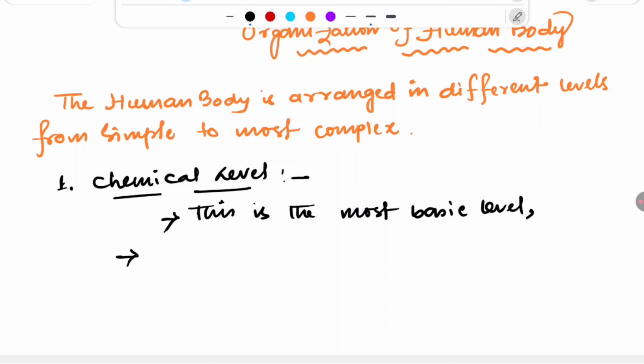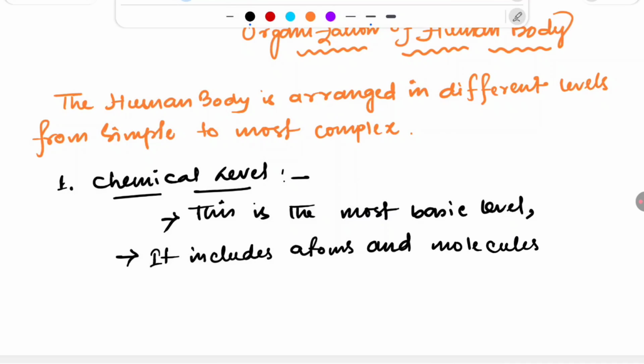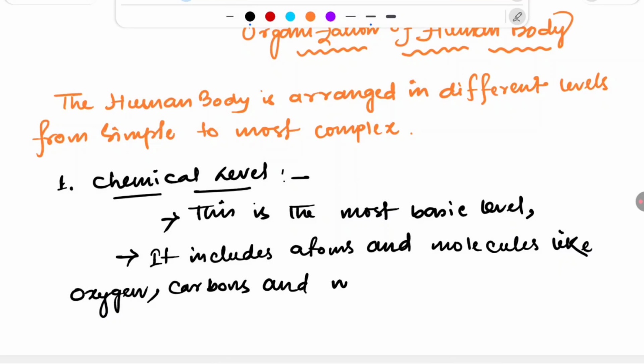Second point, it includes atoms and molecules, like we know oxygen, carbon and water, etc. Okay, so this is the chemical level.